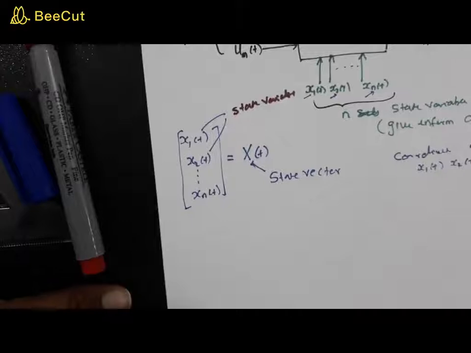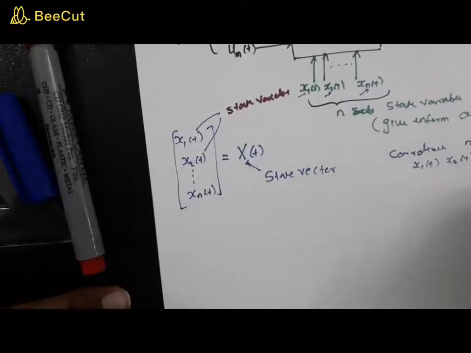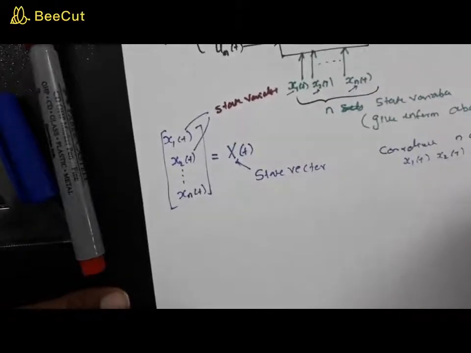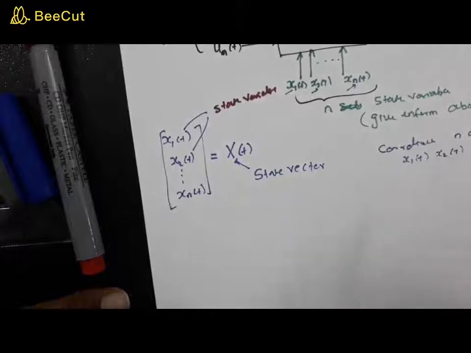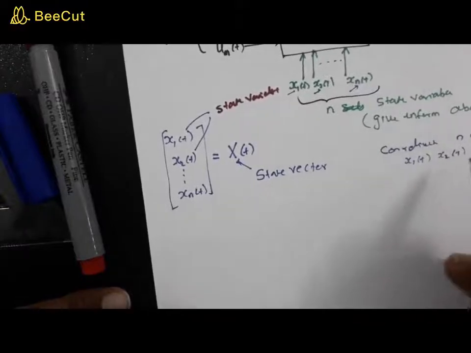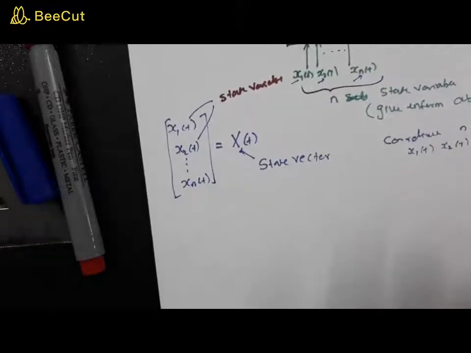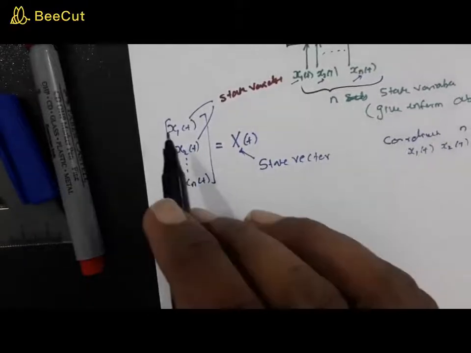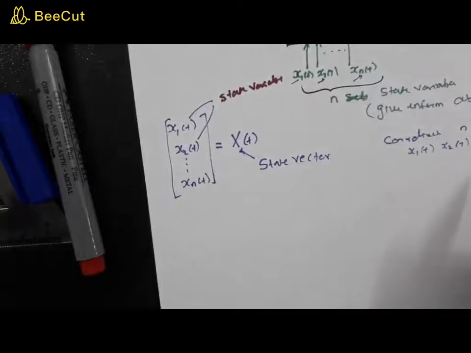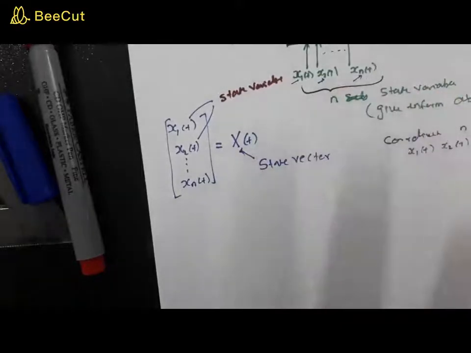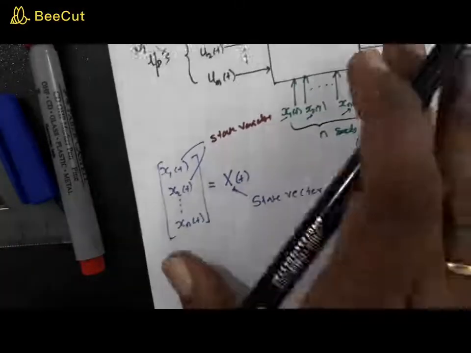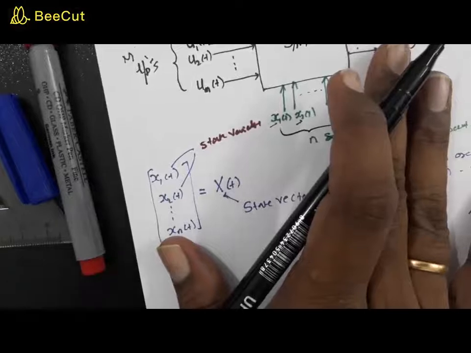Similar to x, y, z: in a three-dimensional space, you call x, y, z three axes. Similarly you can have an n-axis coordinate system, and that space we call the state space, or n-dimensional space. As far as this system is concerned, it will have an n-dimensional state space.